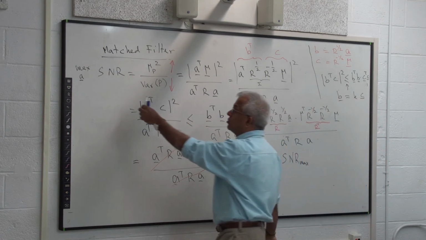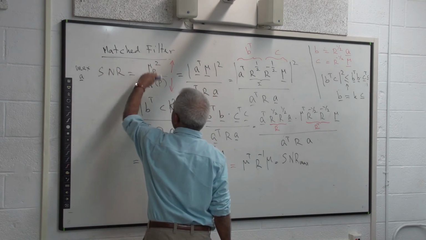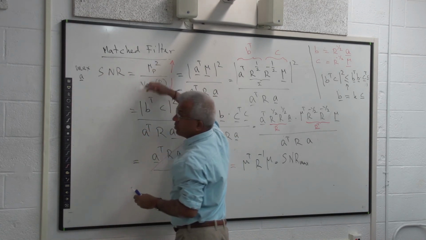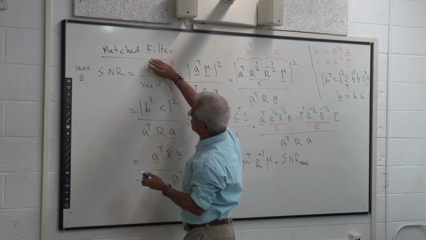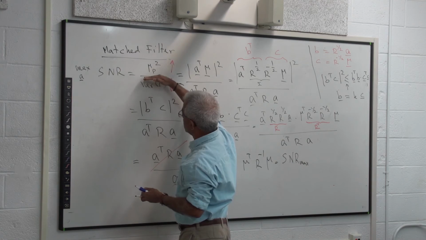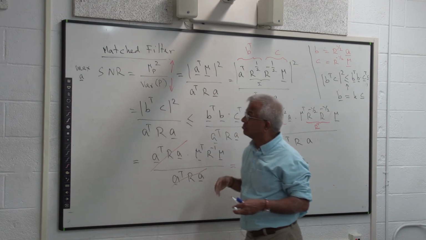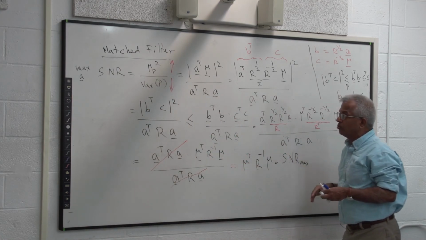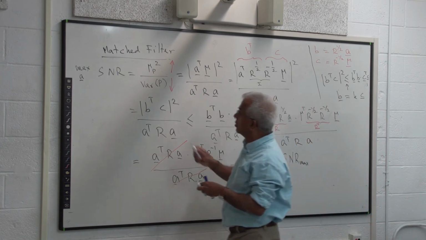So remember, the goal is to figure out A which will maximize this ratio. Why maximization? Once again, we want the gain of the portfolio to be as high as possible, and at the same time we want the variance or the volatility to be low.